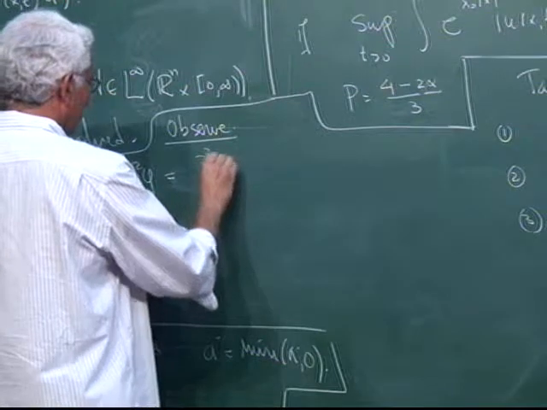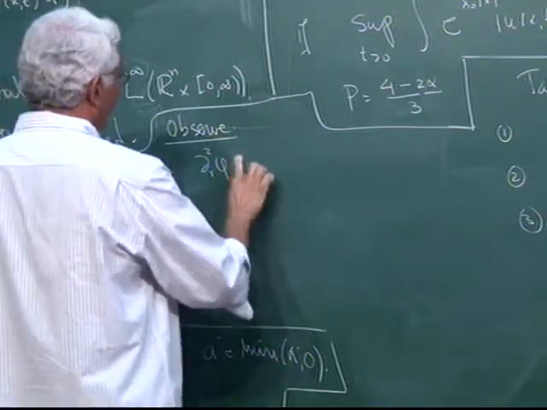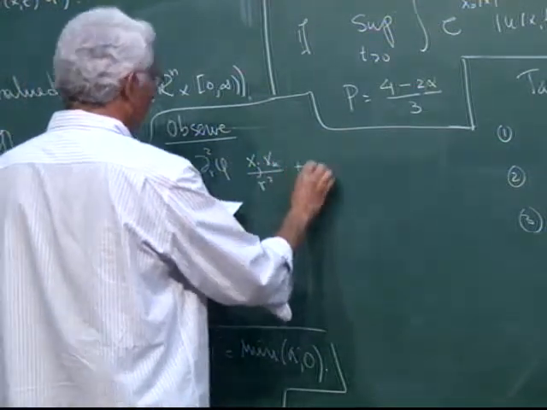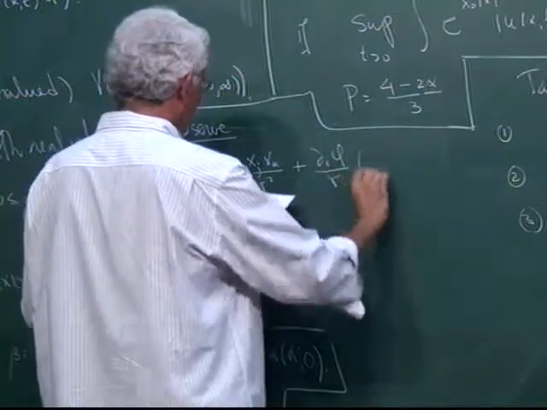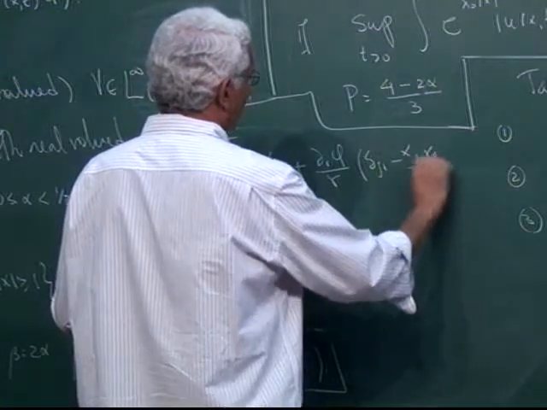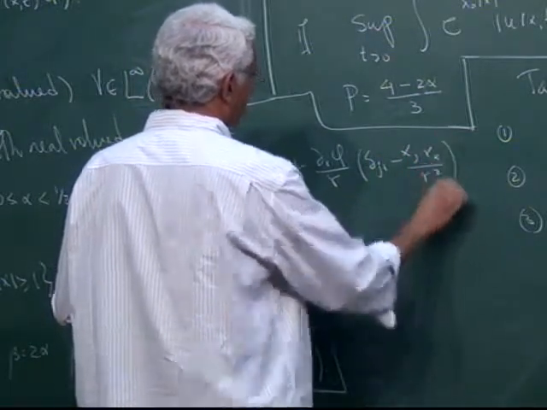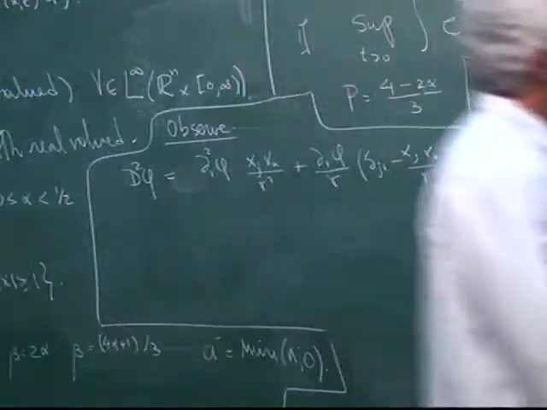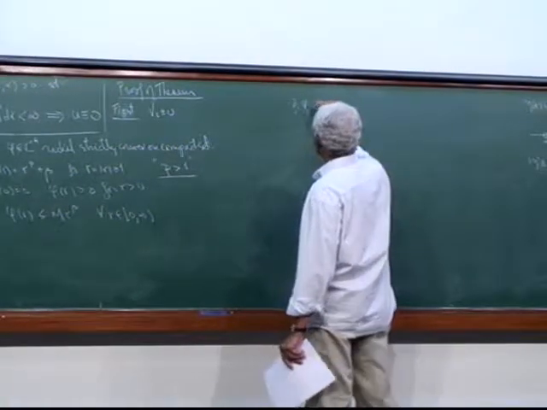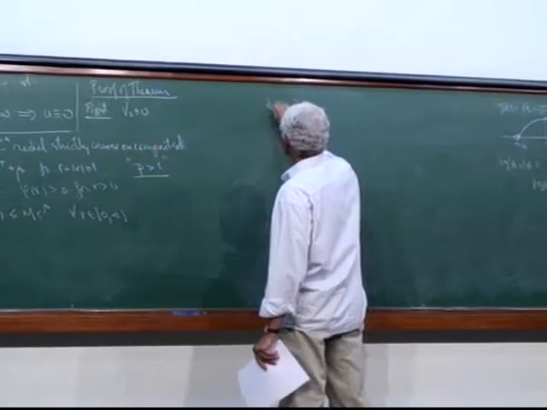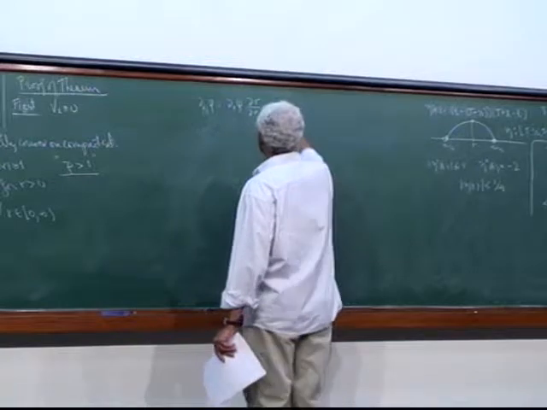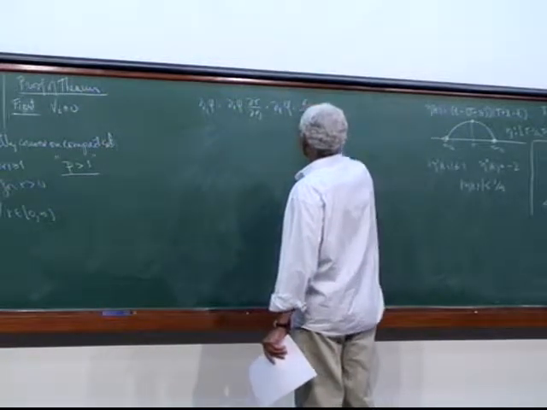It is the second radial derivative times xj xk over r squared, plus the radial derivative over r times delta jk minus xj xk over r squared. Okay. How do you prove this? The only thing that you are doing is saying if I take the derivatives of this function that is radial, this is the derivative with respect to r of this, times dr with respect to x sub j, and this is the derivative times x sub j over r.